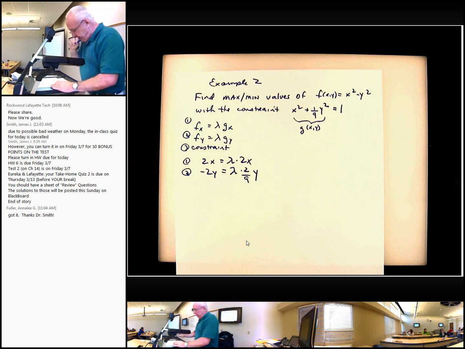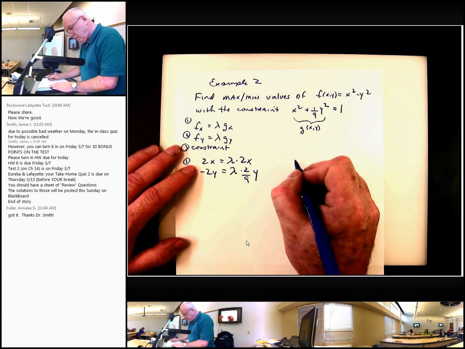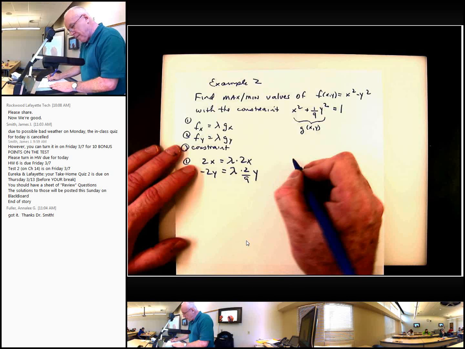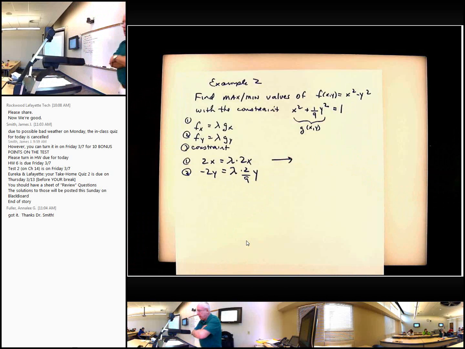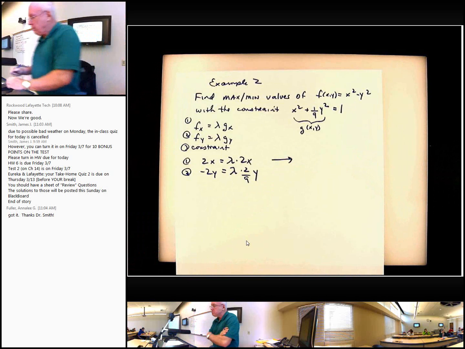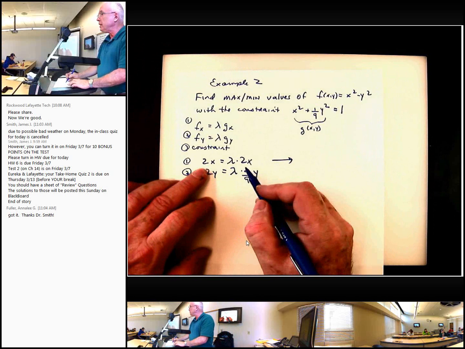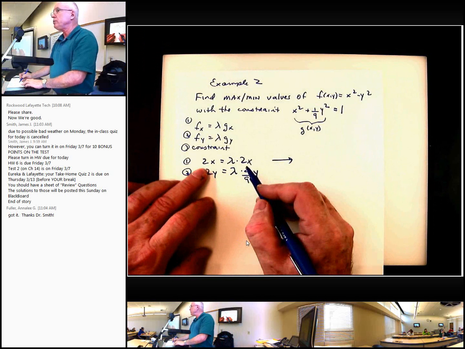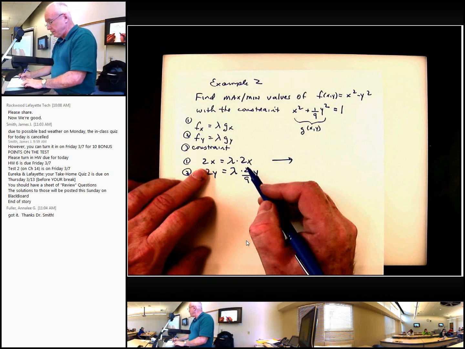So let's look at what we've got here. Does anybody holler right at this point that I get rid of the 2's on each side of this first equation? I mean, why not, right?